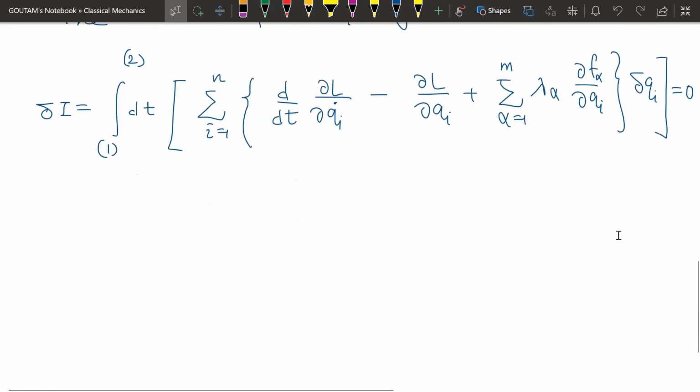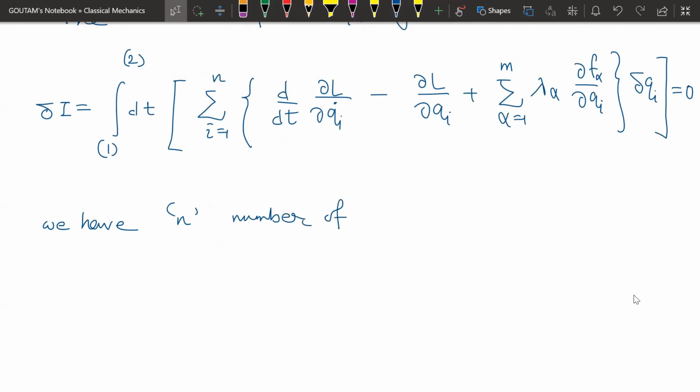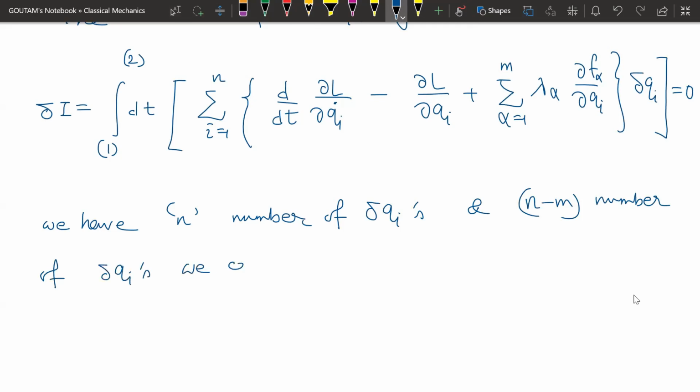Okay. So we have n number of delta qi's, and n minus m number of delta qi's we can choose to be independent.